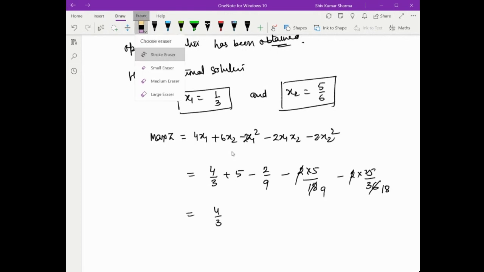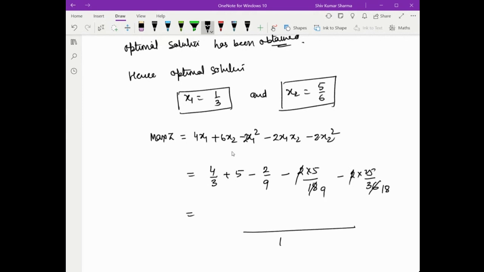So we take 36 as LCM. So 36 plus 90, 4 into 2 is 10, minus 25.